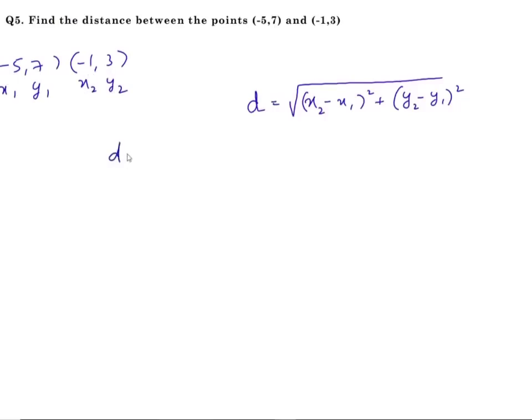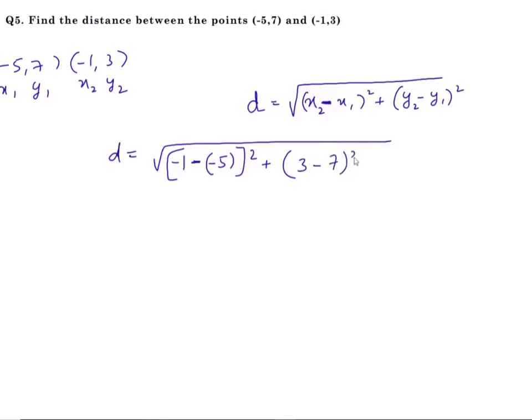Now D equals square root of, what is x2? x2 is minus 1, minus, x1 value is minus 5, whole square, plus y2, which is 3, minus y1, which is 7.